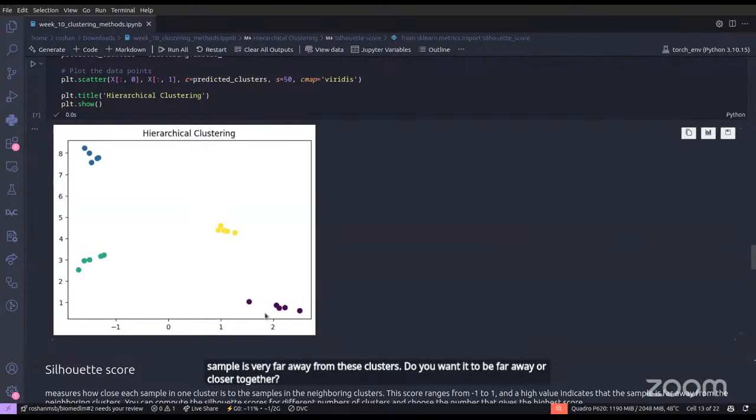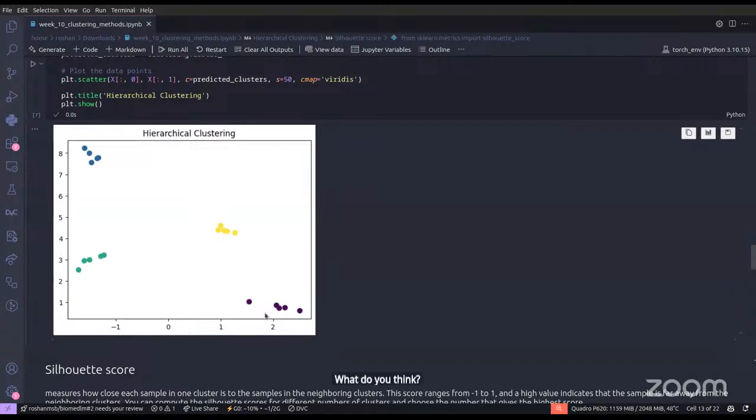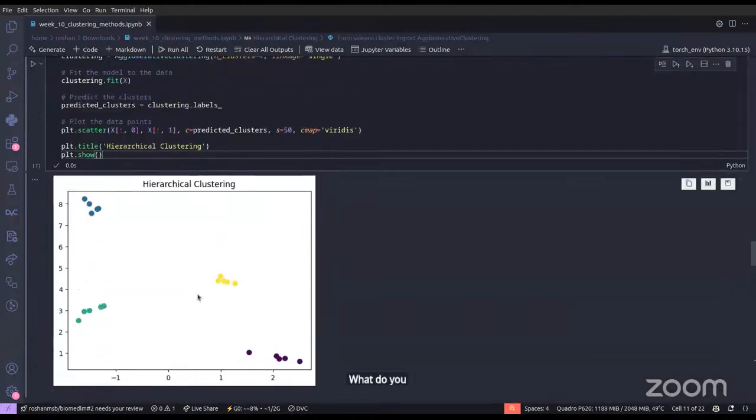What do you think? What is the ideal separation? Do you want this to be far away from this point or closer to this point?